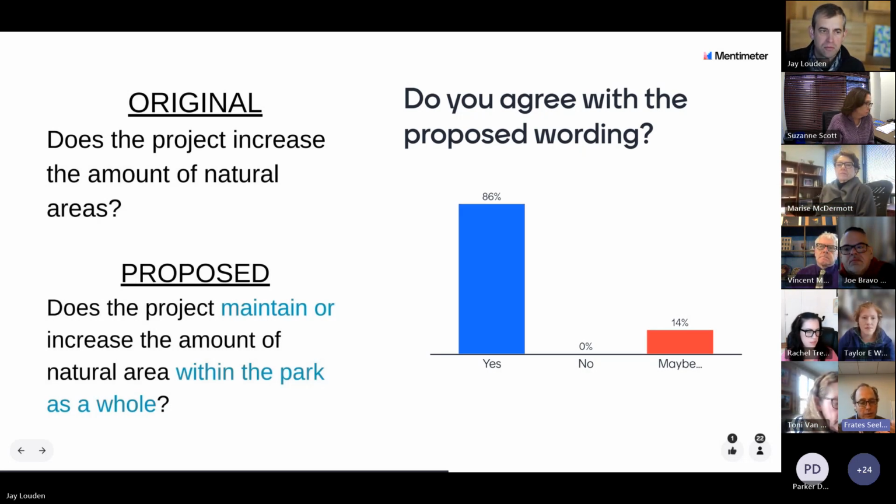So I think as it's proposed, would we maintain that natural area? Or if it's agreed upon and people want to, we could increase it, but that would always be a part of the conversation.